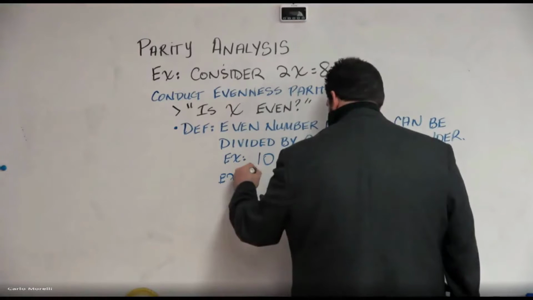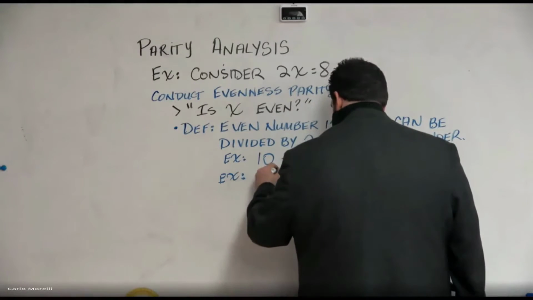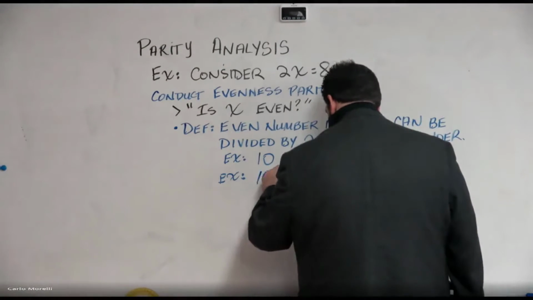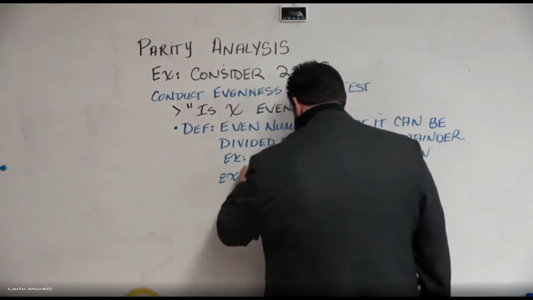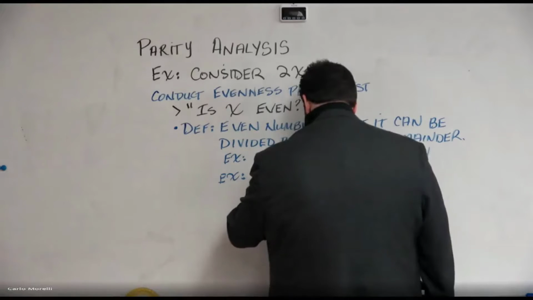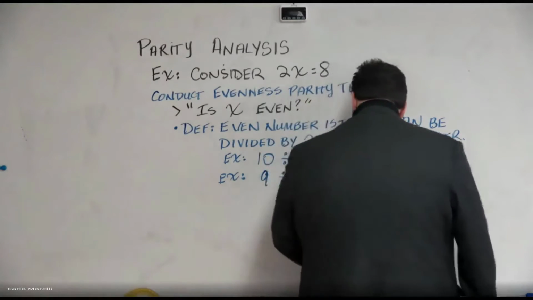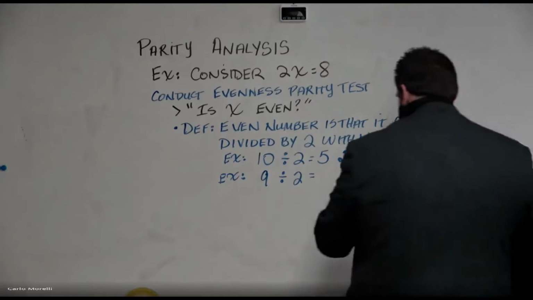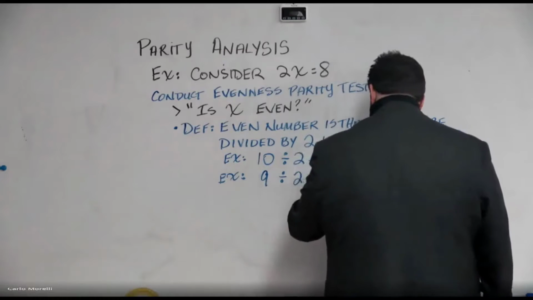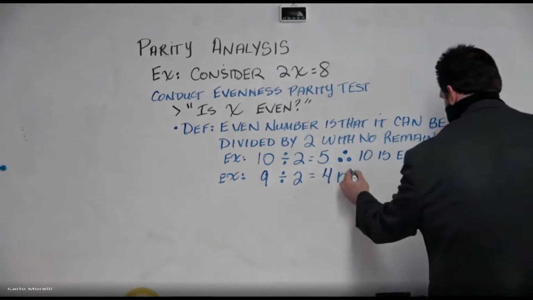How about 10 divided by 5? Well, let me put a different number, because that's going to confuse everybody. Let me do 9 divided by 2. How many times will 2 go into 9? 4 times. And then what's the remainder? 1.